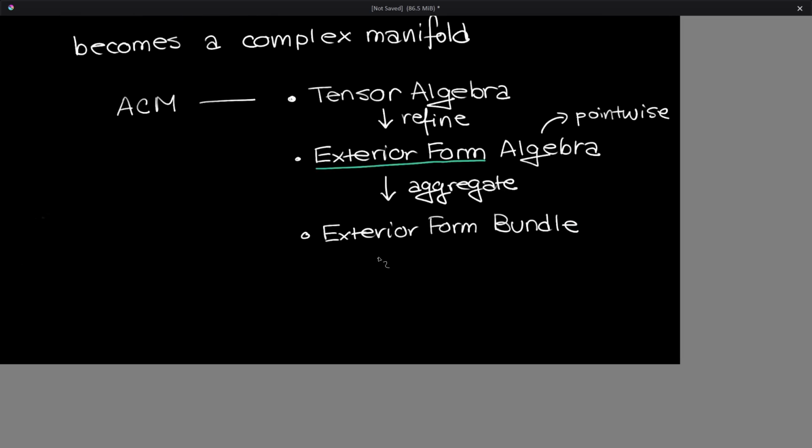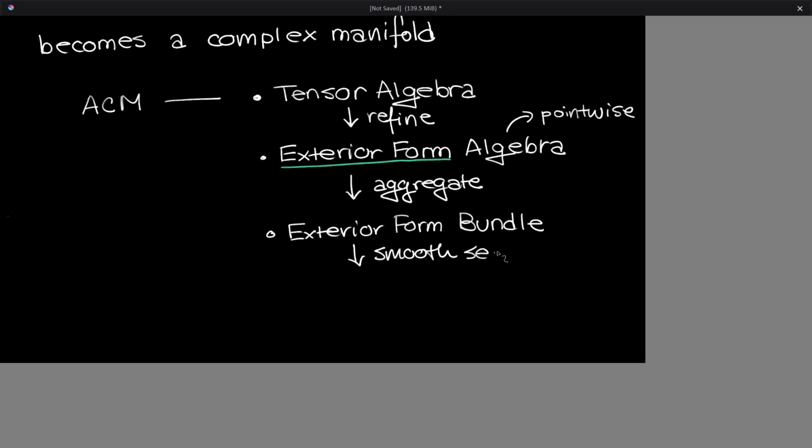And then if we take a smooth section of this bundle, we get something called an exterior differential form.